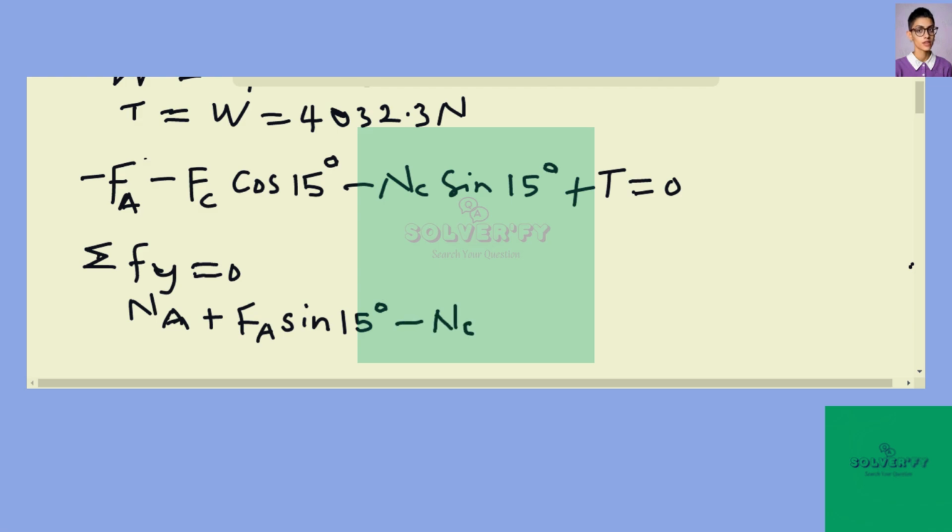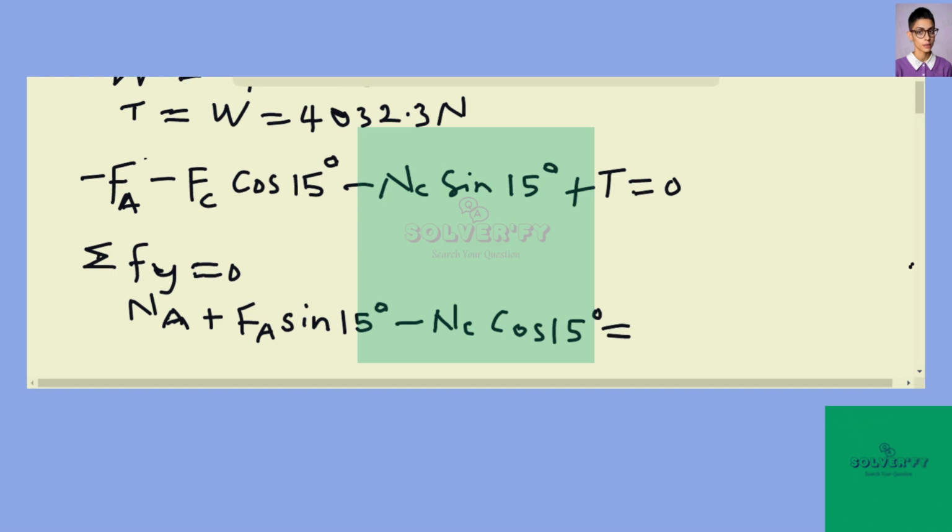Remember, when working on F sub A, that you have to convert it: F is mu times the normal reaction, the coefficient of static friction times the normal reaction. Don't forget. So we have NC cos 15 degrees equal to 0.